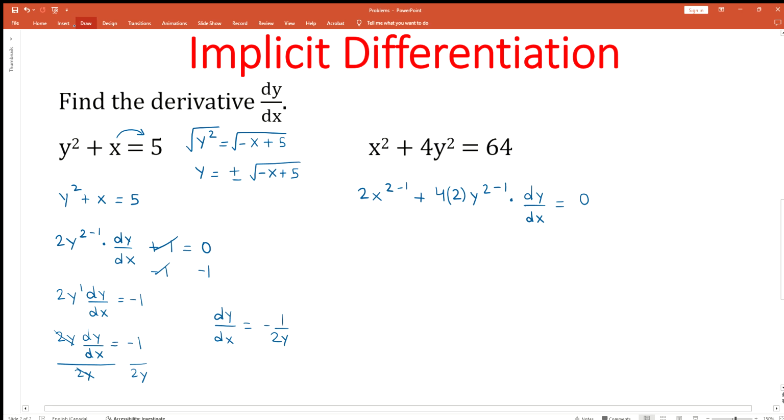Now we can simplify this equation. X to the power 1 is equal to x, y to the power 1 is equal to y. We have to isolate dy over dx in this equation. We should subtract 2x from both sides.